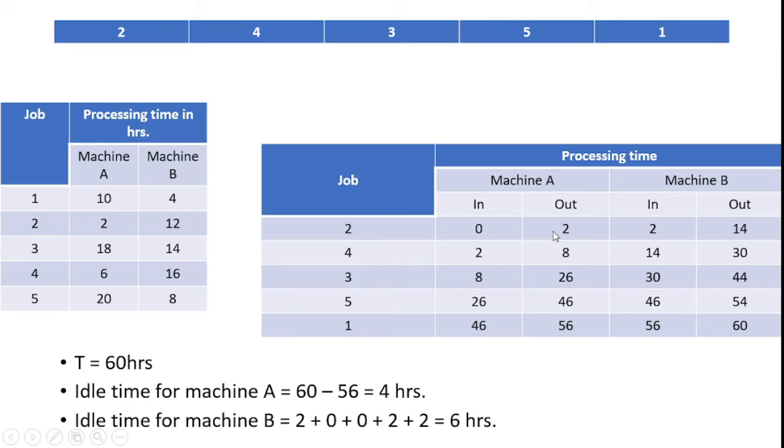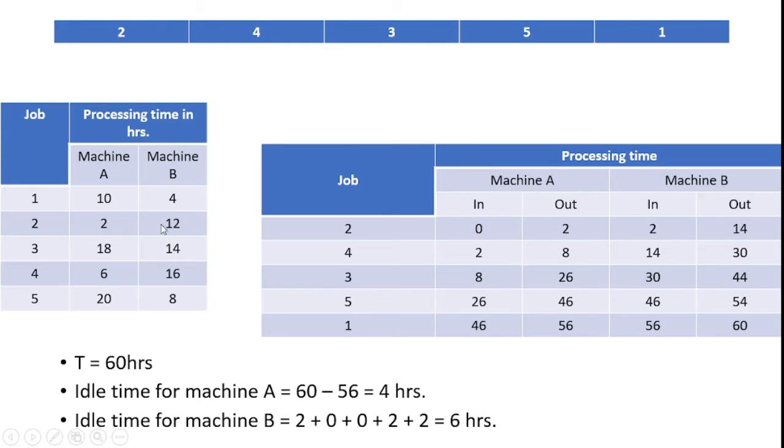After that, this job is transferred to machine B. Up to that time, machine B stays idle. After 2 hours only machine B starts. So the initial time for machine B is 2, and it consumes the processing time of 12. So 2 plus 12 is equal to 14.